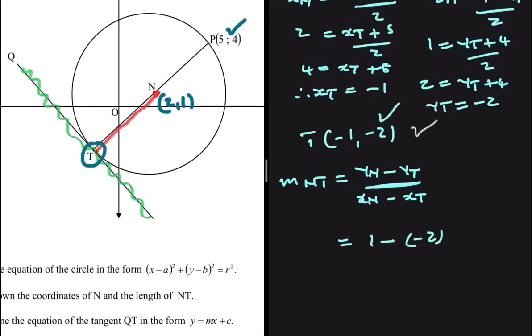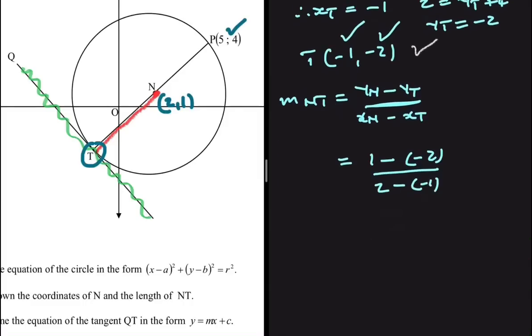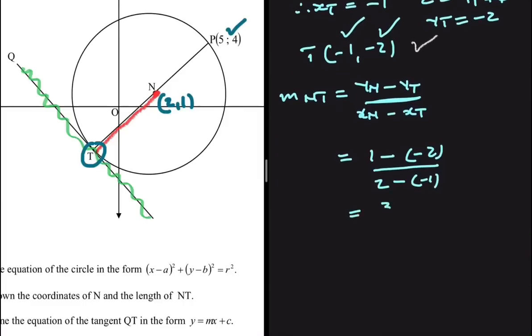We have it right here. And then everything divided by x of N, which is 2, minus x of T, which is minus 1. So we have 3 divided by 2 minus minus 1, that is 3. So the gradient of NT is 1.